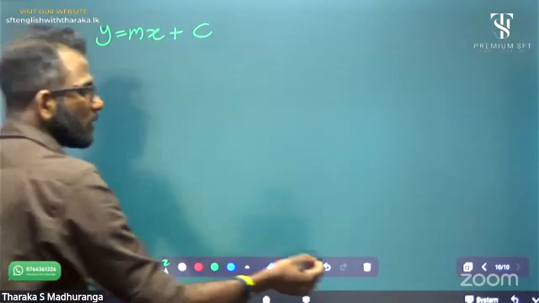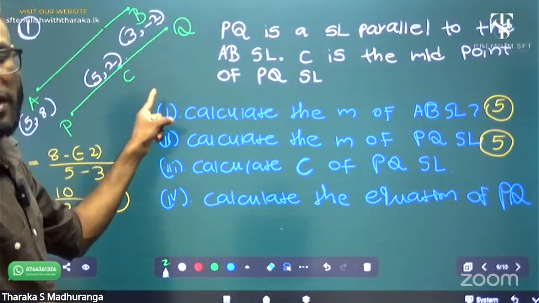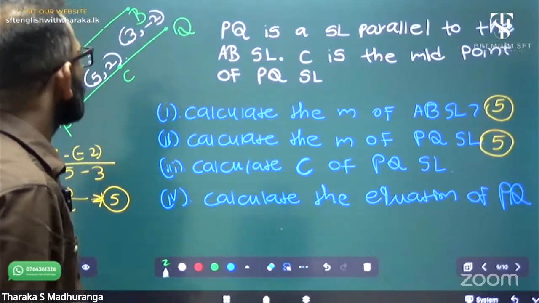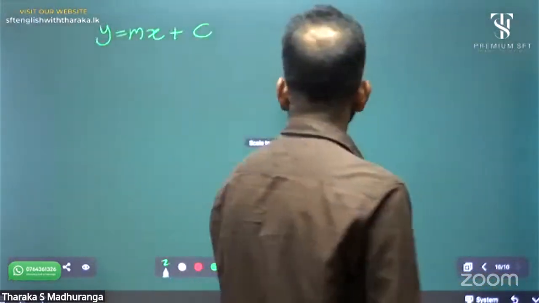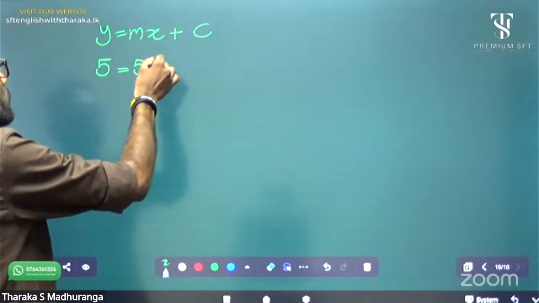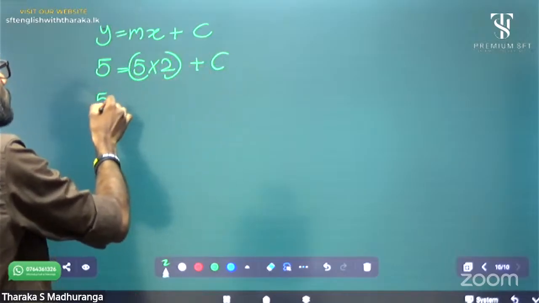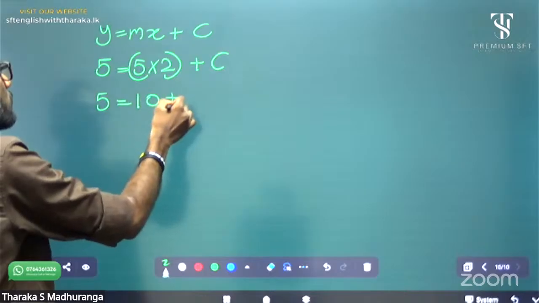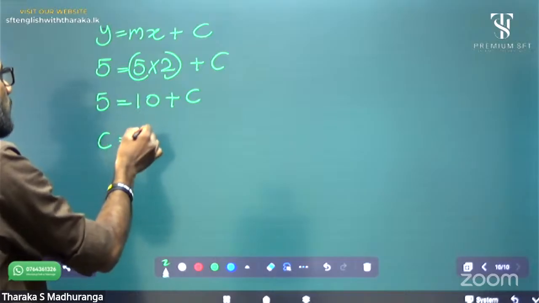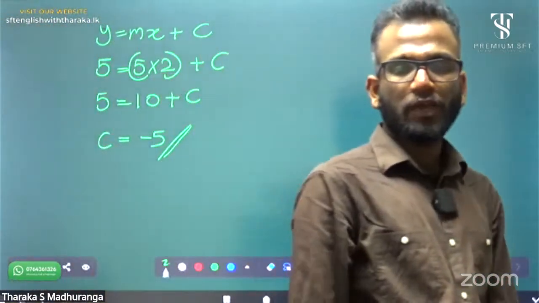I have to select at least 1 point on the PQ straight line, that is given. The midpoint coordinates are given, 5 comma 2. That means x value 5, gradient 5, into 2 equals 5 into 5 plus C? So 2 equals 25 plus C? Then the intercept equals minus 5. Minus 5 is the intercept.